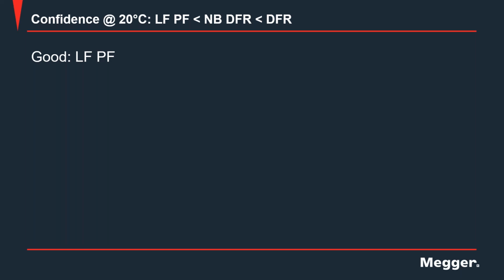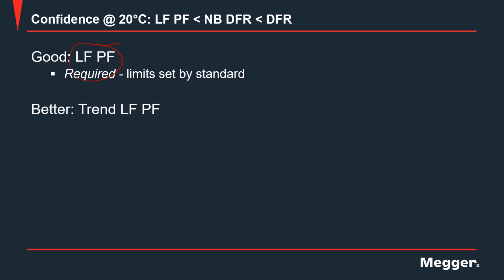So when we do our line frequency power factor, it's good, it gives us information. And if we have some limits according to the standard, we will refer to those. What is better for line frequency power factor? Of course, to do some trending analysis, to have some historical values, to look into the history, what has changed, when it has changed, right?